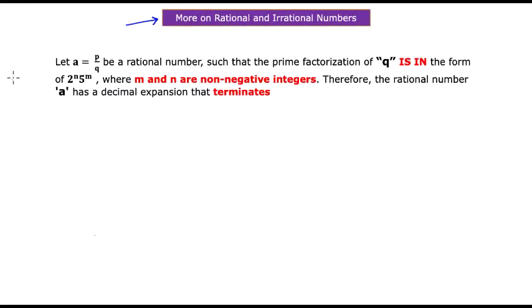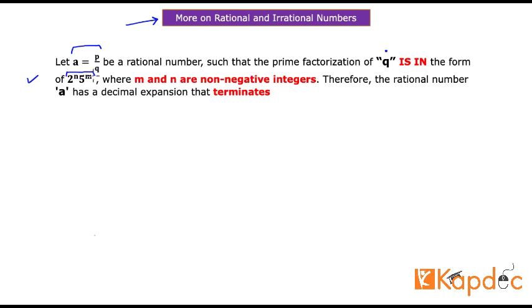So we begin with this definition: let's say there is a number in the form of P over Q. It's a rational number such that the prime factorization of Q, the denominator, is in the form of 2 to the power n, 5 to the power m, where m and n are non-negative integers.